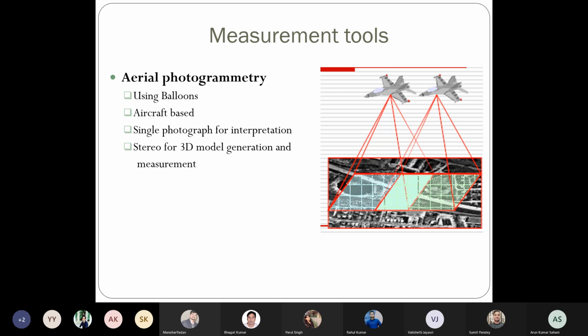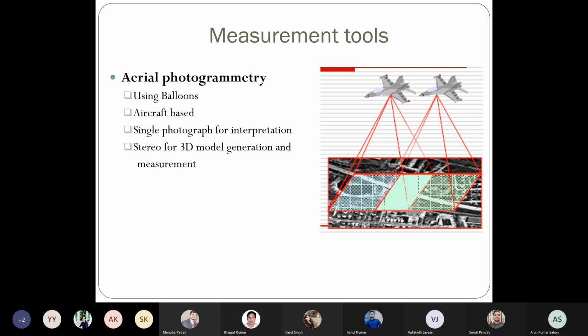So in aerial photogrammetry, different platforms were used, like balloons, and later on aircraft. Initially, single photographs were collected for interpretation.